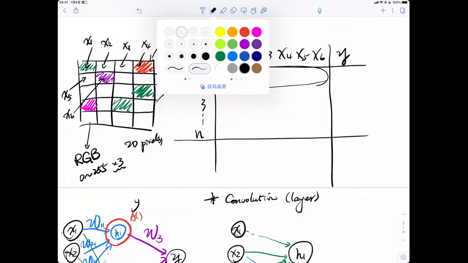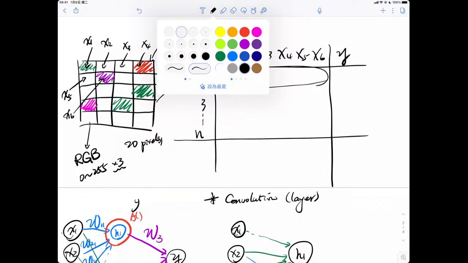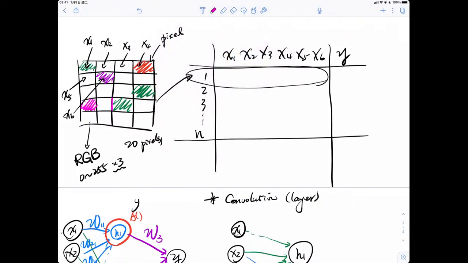For example, this specific pixel, which is green, we believe that if this image is meaningful, for example a dog, a ball, a cat, or someone in this picture, the color here should be related to this center color.